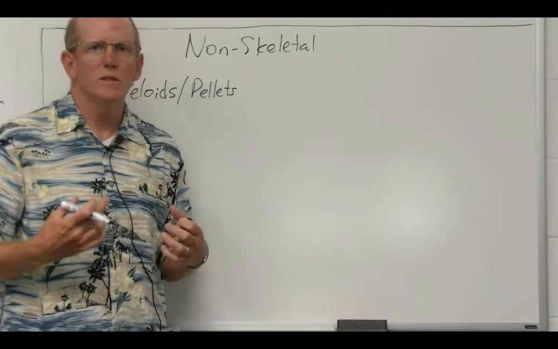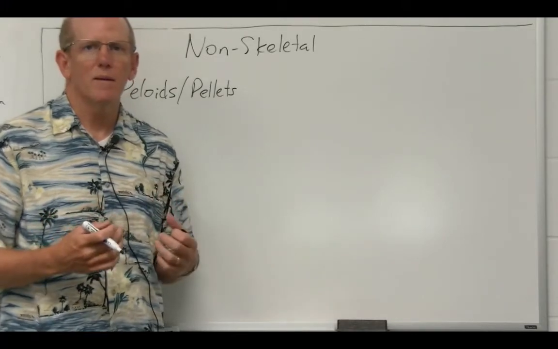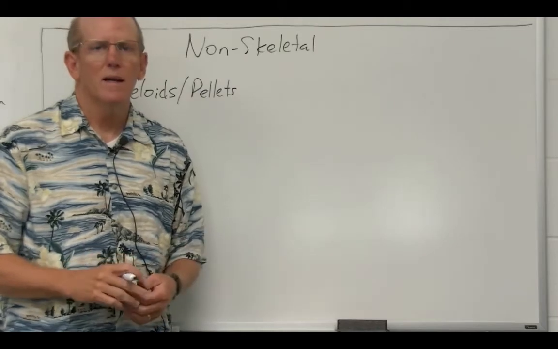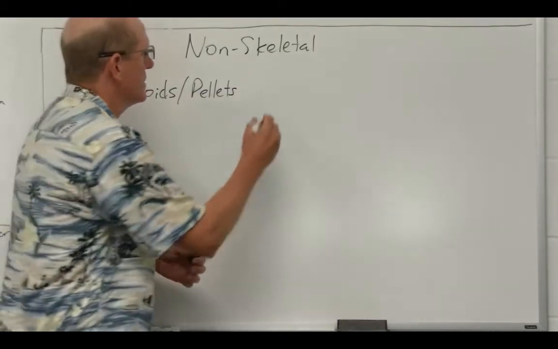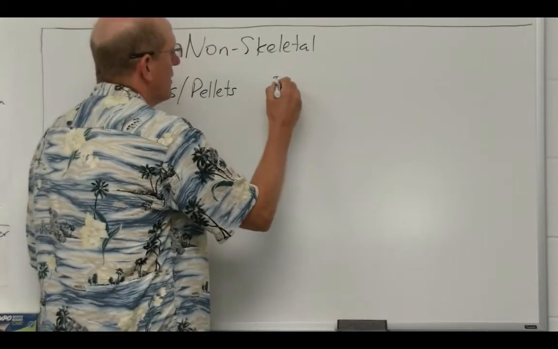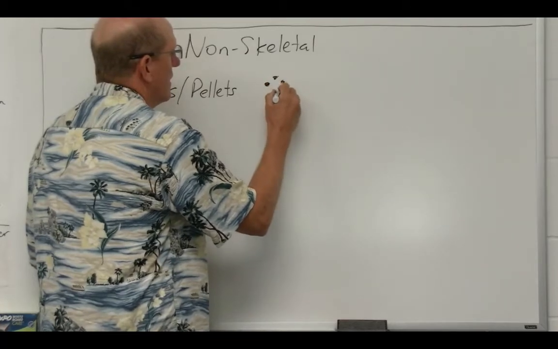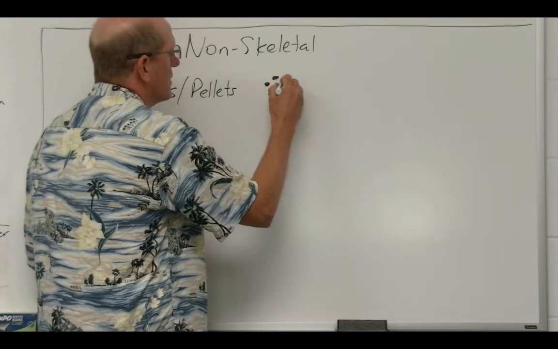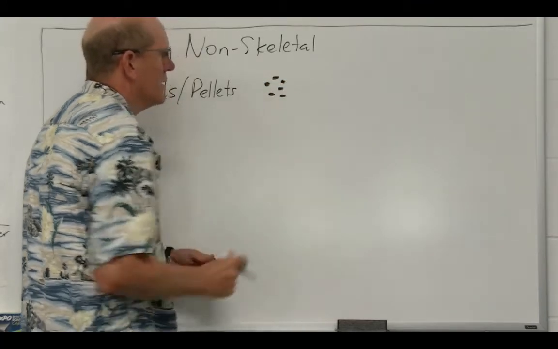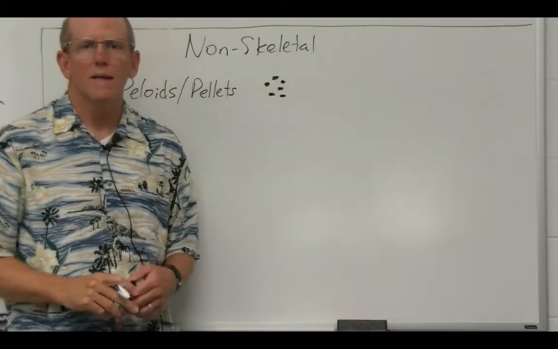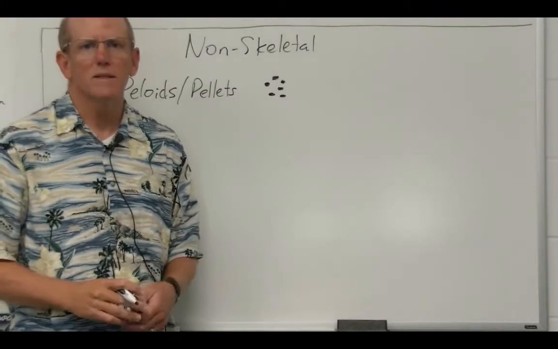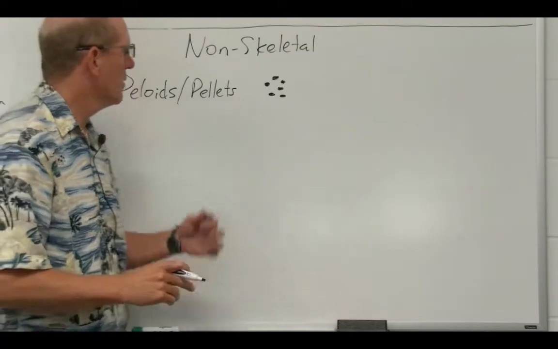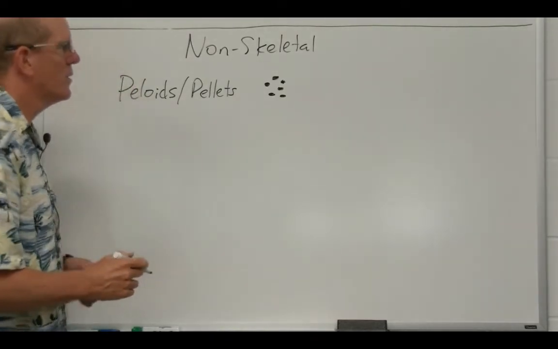Its body uses the organic material in the sediment, but then it passes the sediment out through its gut and anus, and you end up with a series of little small pellets commonly composed of micrite. Okay, so these are small little pellets of micrite, and they can actually accumulate and make deposits that you would call made up of nothing but pellets. Okay, so pellets or peloids is the first type.